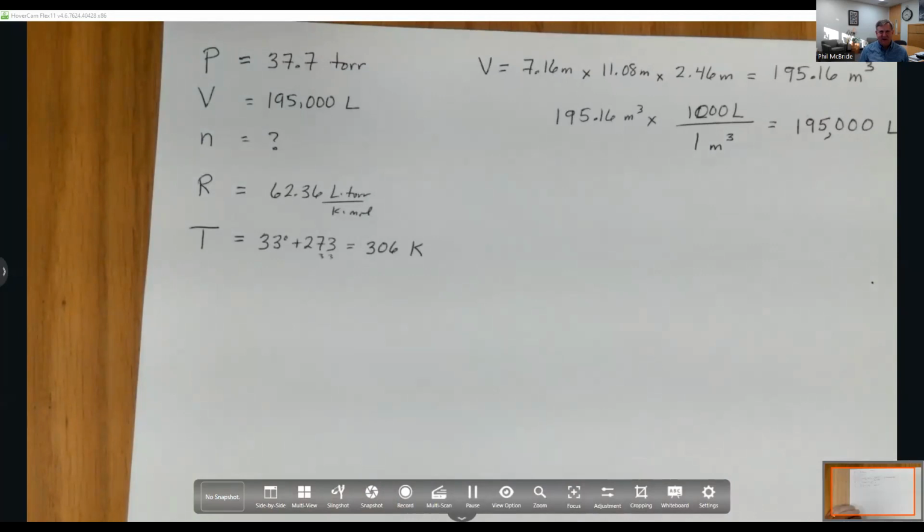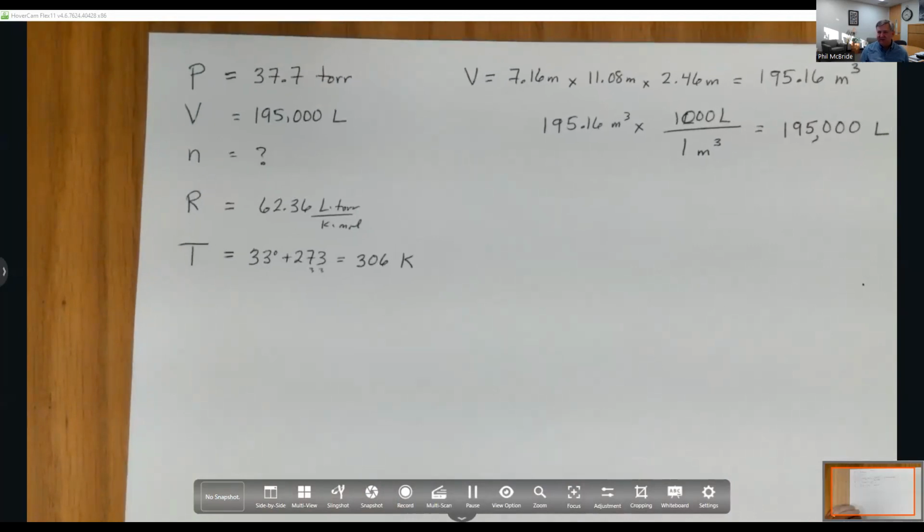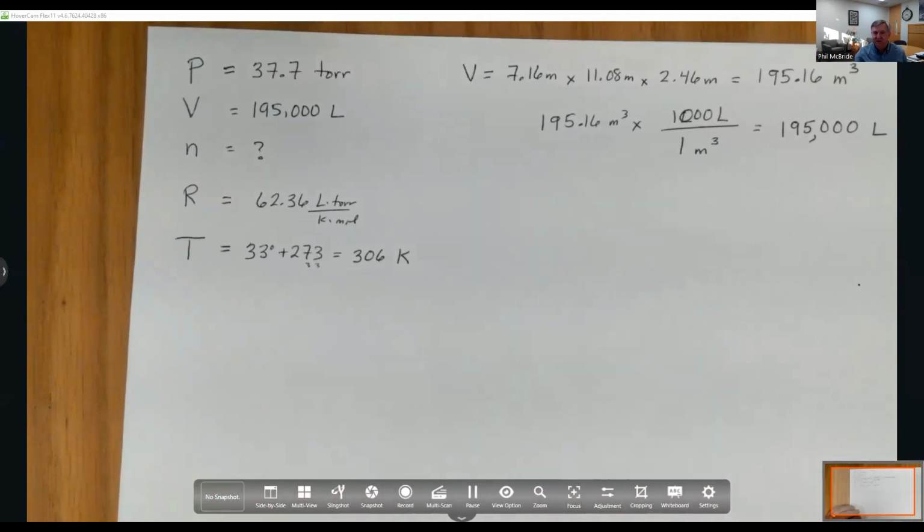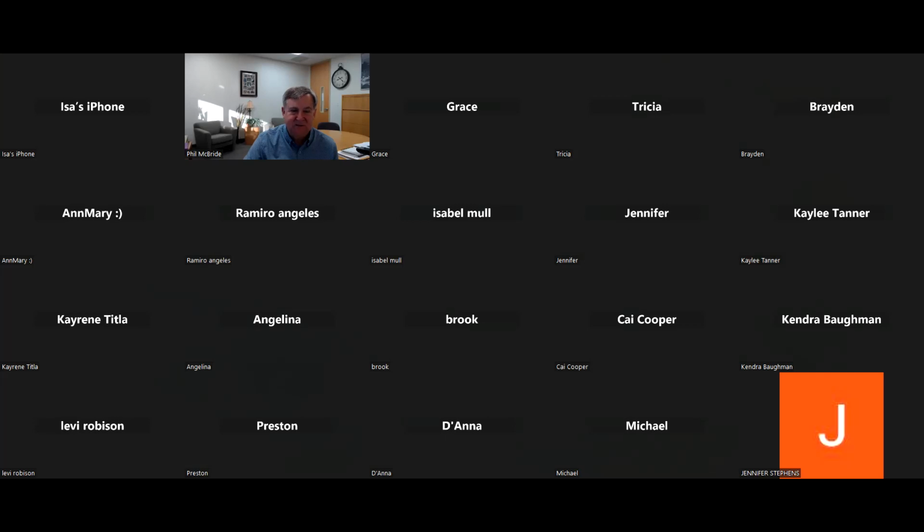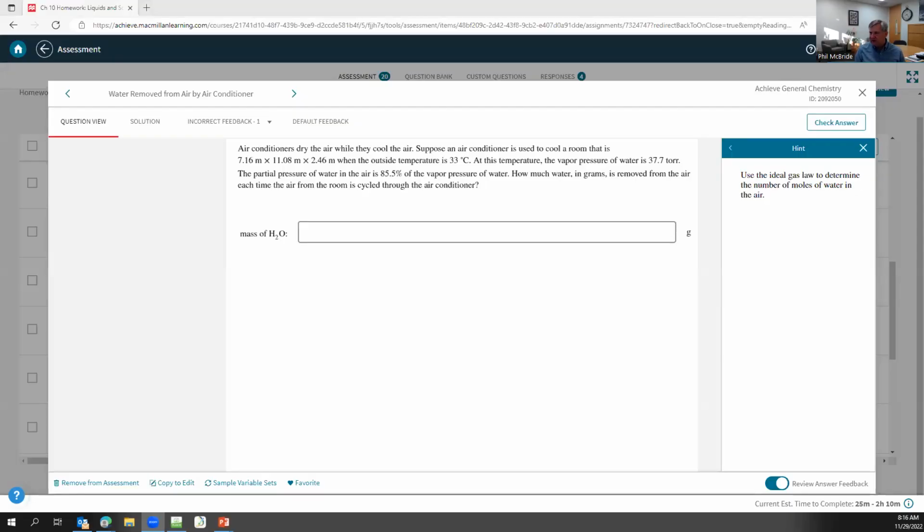Now it said something about 85%. Anybody remember that in the question? Let's see, go back to the question. So an air conditioner is used to cool air. There's our volume, 33 degrees Celsius.